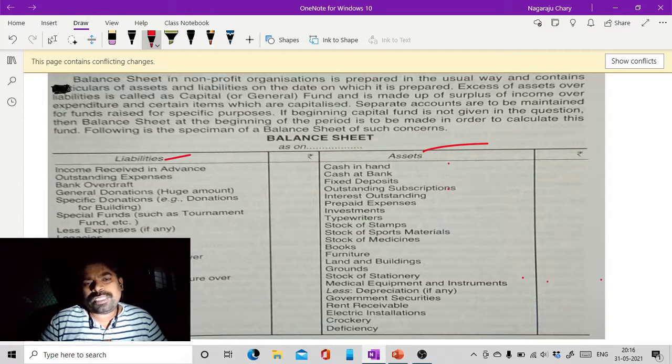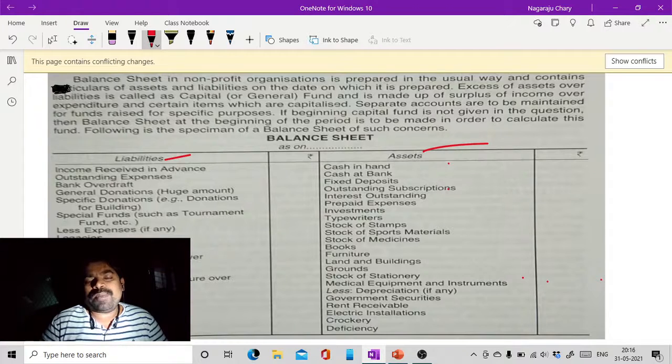Vice versa, if expenses and losses are more than the incomes and gains, then we get a deficit. Whether it is a surplus or a deficit, whatever it is, that is to be transferred to the balance sheet.